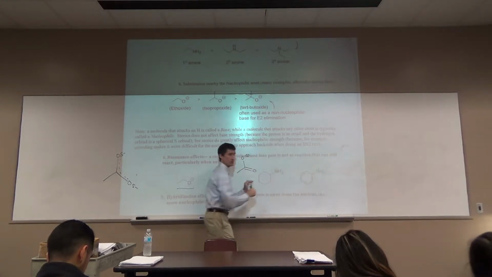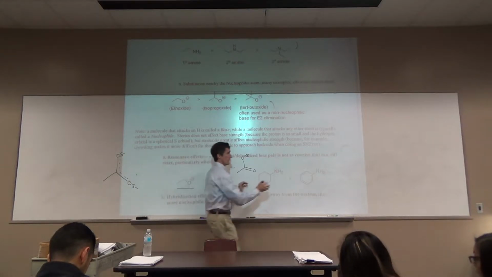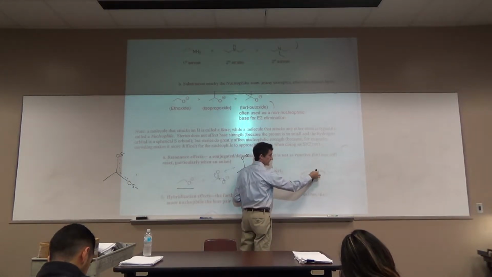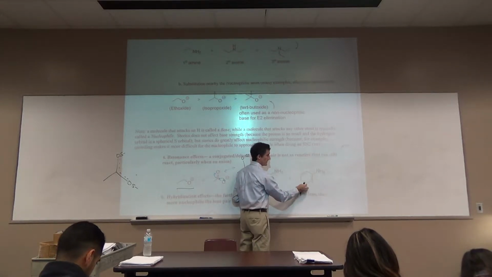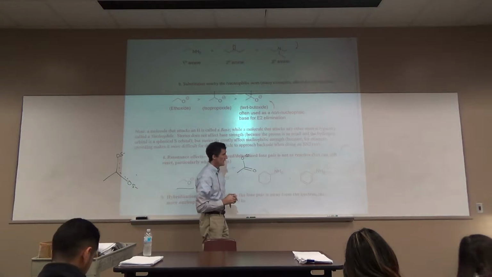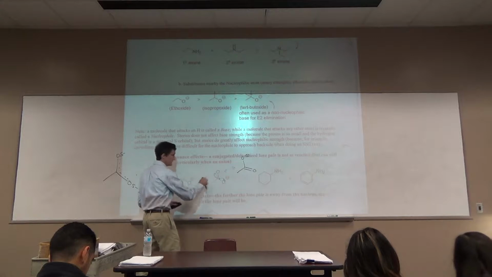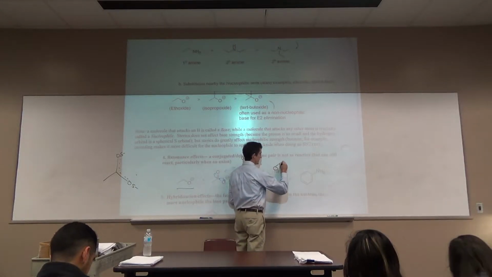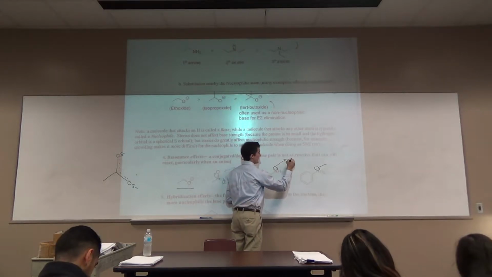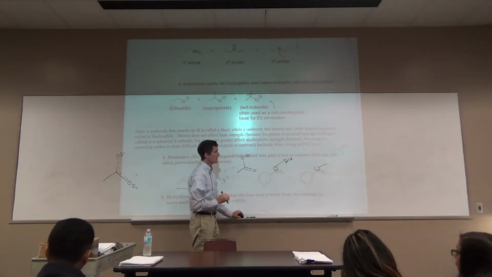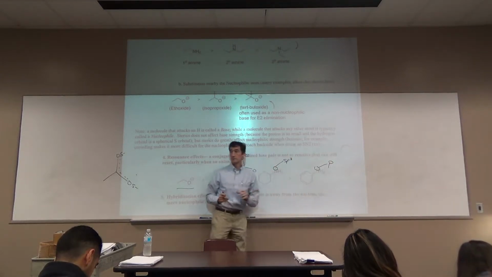Which lone pair is delocalized? Left or right? Here, delocalized. We can draw a resonance structure into the ring, and we can put the lone pair on carbon, and it thus becomes an anion. There's another way to look at this as well. What type of orbital is this lone pair in? This lone pair is in sp3. This lone pair is in what type of orbital? P orbital.